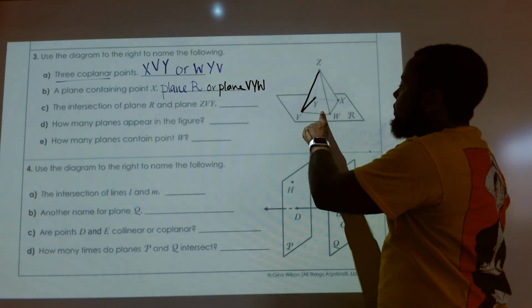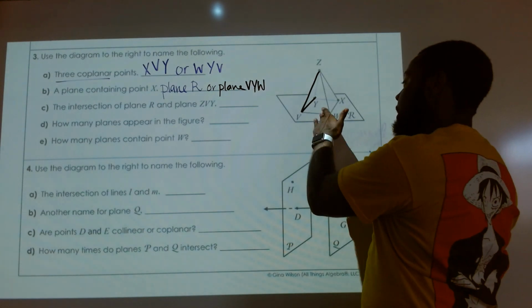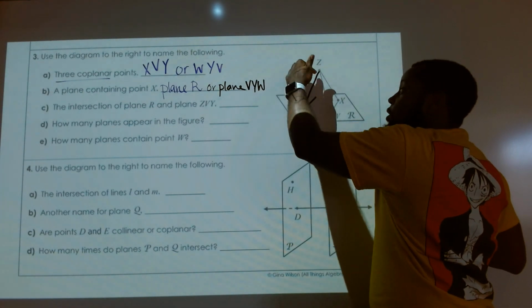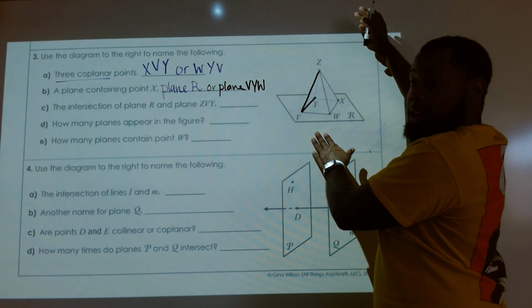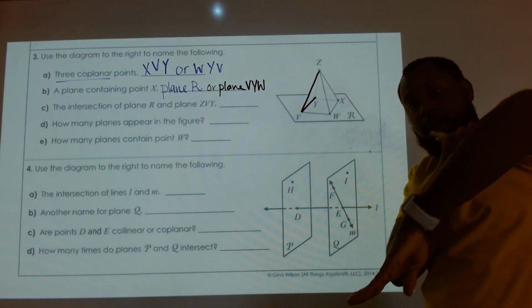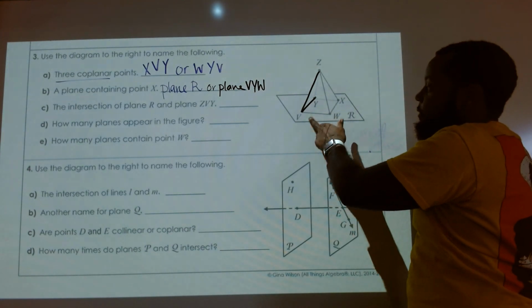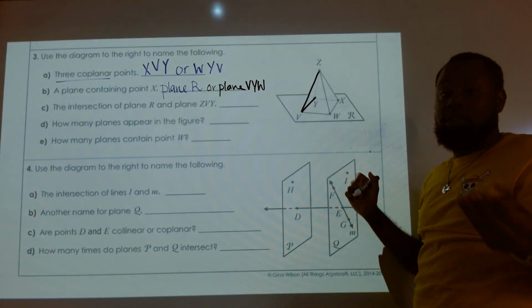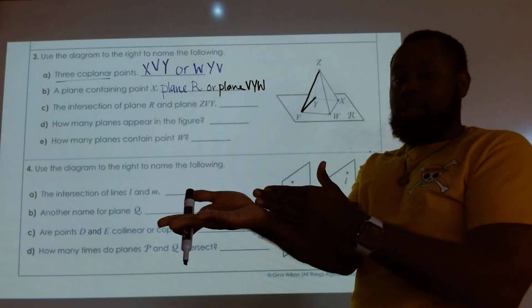You're looking at the part of the flat surface or the part of the pyramid that is touching that flat surface. So from Z to V, right? That is in the air. That is literally that side. So you need to go from V to Y. VY is the intersection. That is the part of that pyramid that is touching that flat surface.